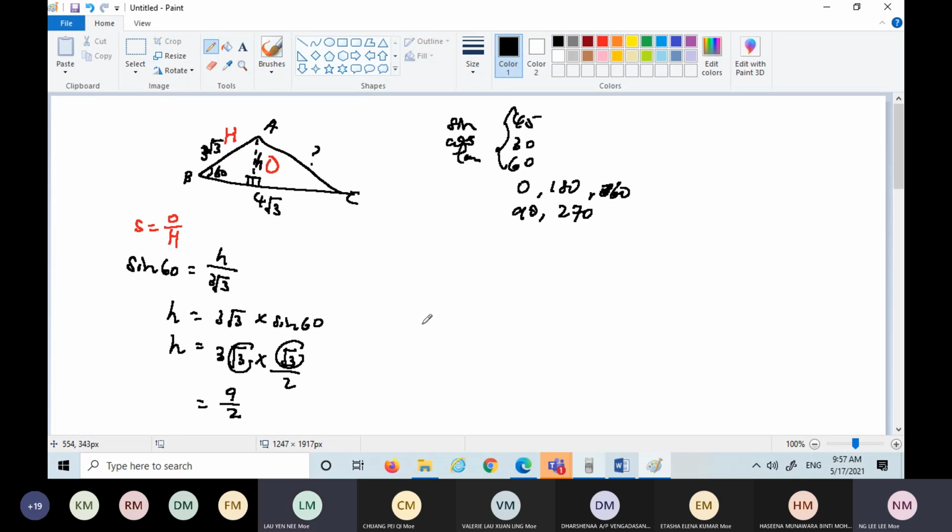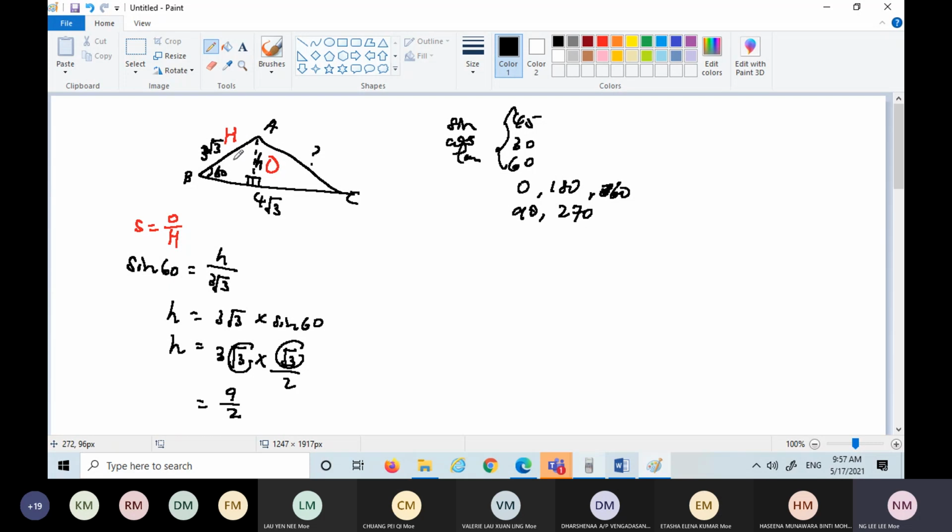Teacher, the first line, the red color one, you wrote O over H, then why is sine 60 equal to h over O? Sorry, this small h I mean the height, and this capital letter H means hypotenuse.